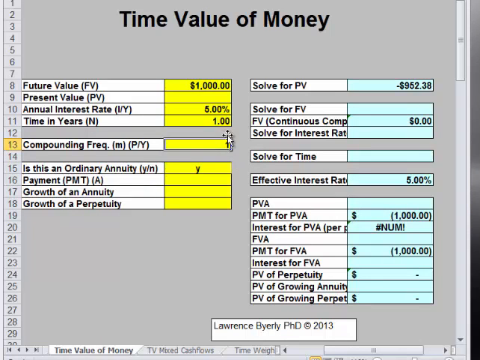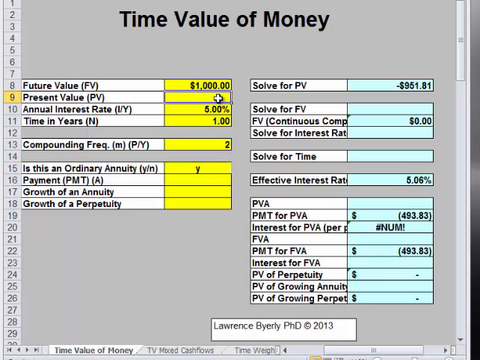But we can do that quite simply. Here's 5%. What if it's semi-annual? If you look over here at the effective interest rate, if it has annual compounding, 5% is 5%. Semi-annual changes to 5.06%.